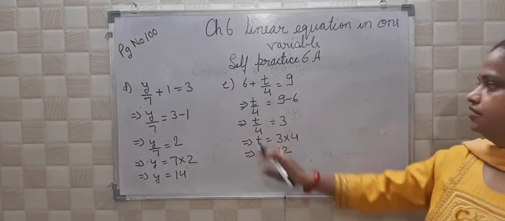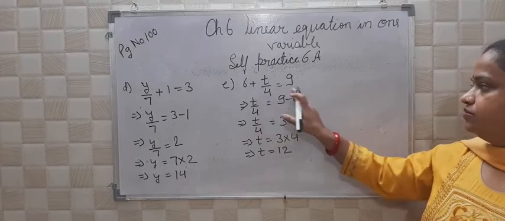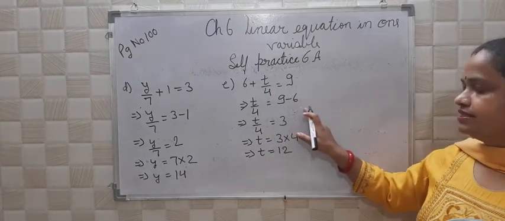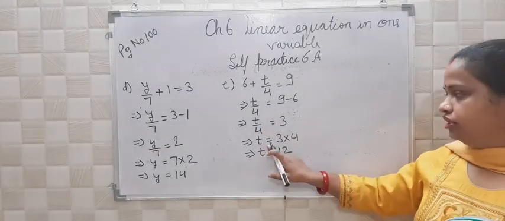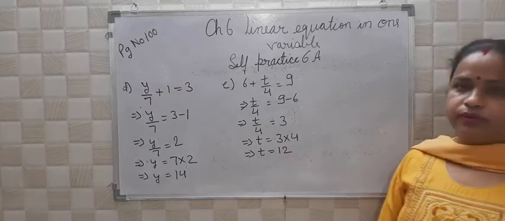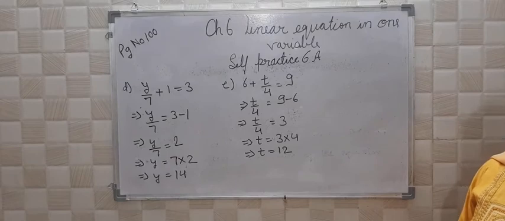Here what is there? 6 plus t by 4 is equal to 9. Now this 6 will come on the right hand side, that will become minus 6. So 9 minus 6, that is 3. t by 4 is equal to 3. t is equal to 3 into 4, and that t is equal to 12. Isn't it? Okay. Now see the F part.